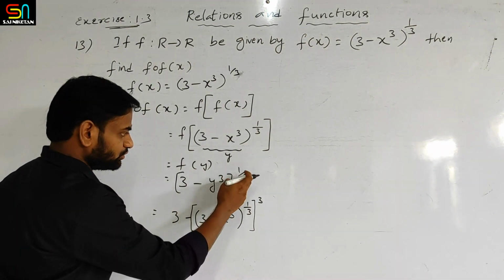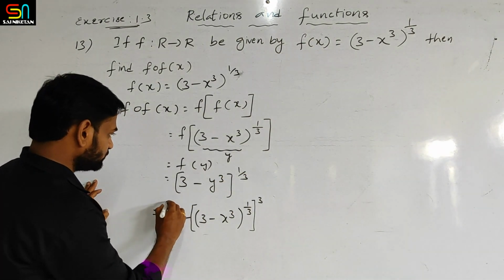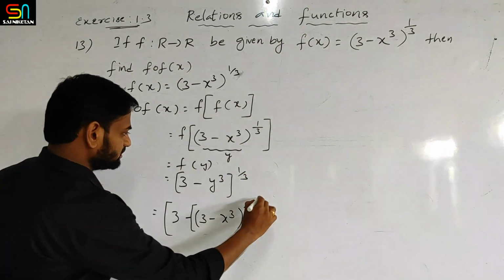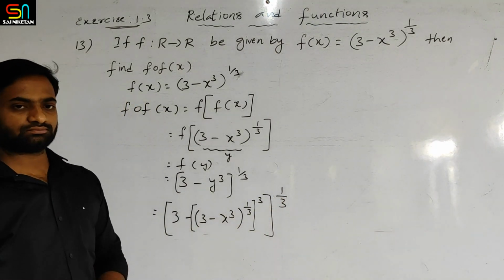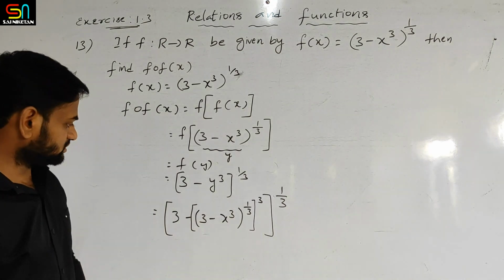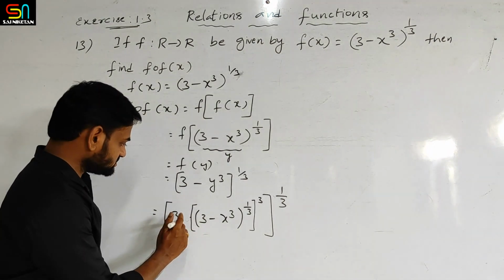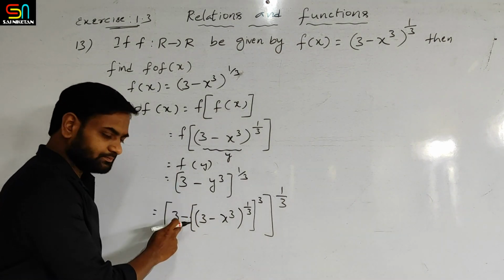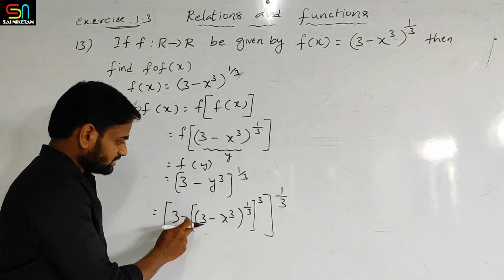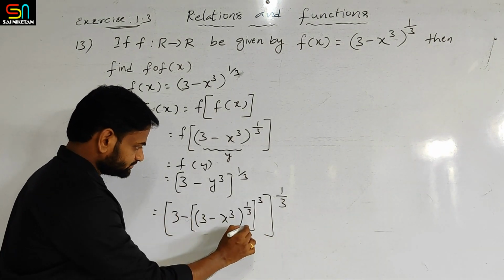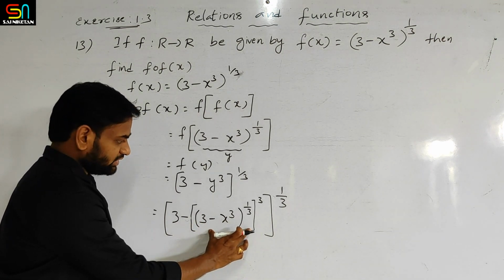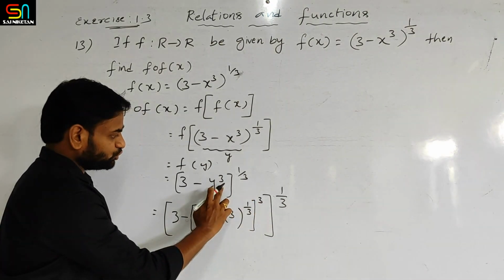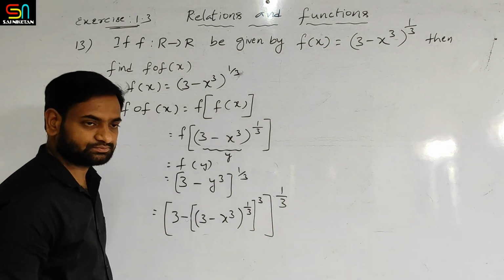Next again, whole power 1 by 3 is there overall. See here, it is 3 minus the same. Up to here the value is y, so it is y cube whole power 1 by 3.